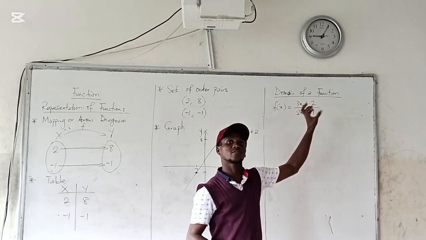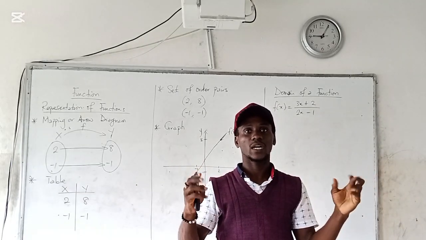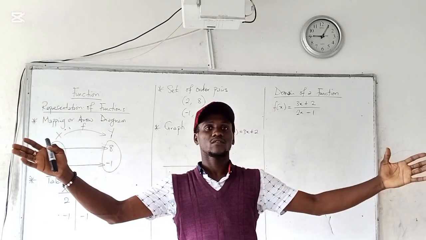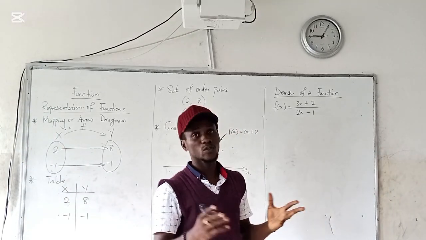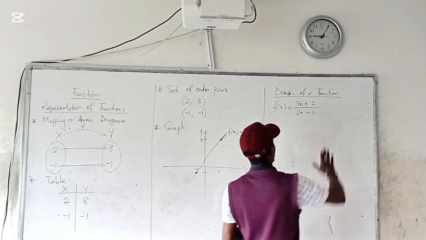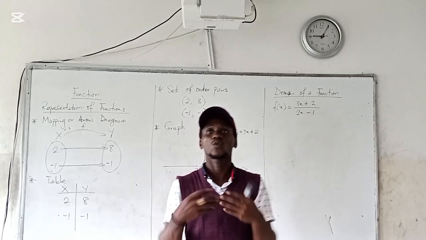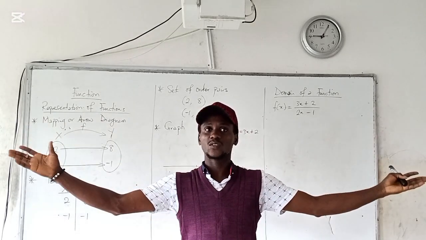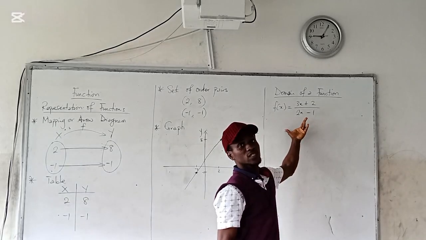And anytime you have a rational function like this, the domain of such a function is not entirely the set of real numbers. There is an exception to it. And how do we play around with that? Looking at this function, what will be the domain? The domain was supposed to be the set of real numbers. But in this case, it is not the set of real numbers.